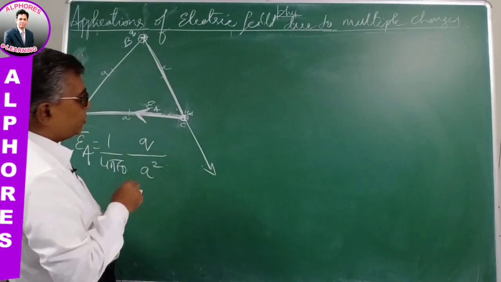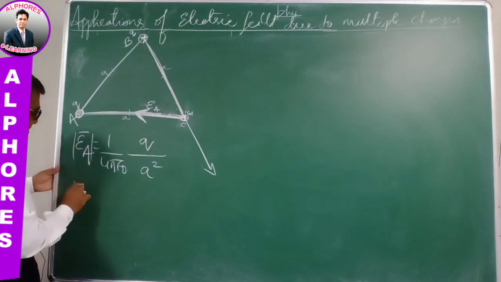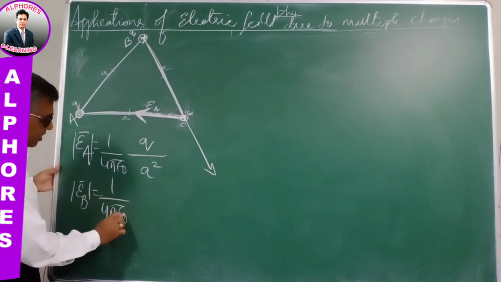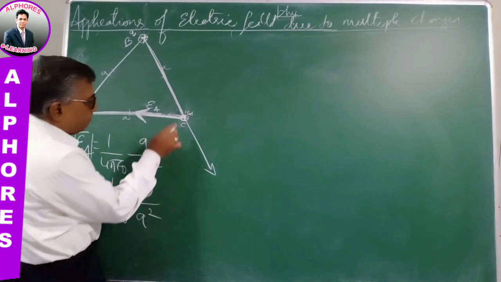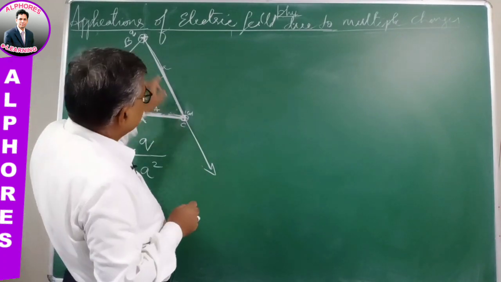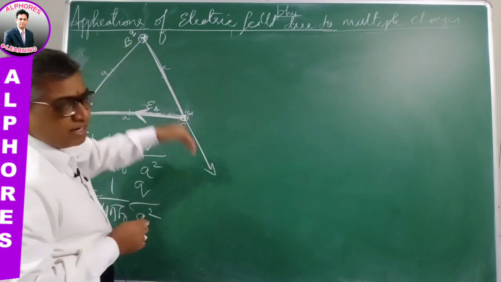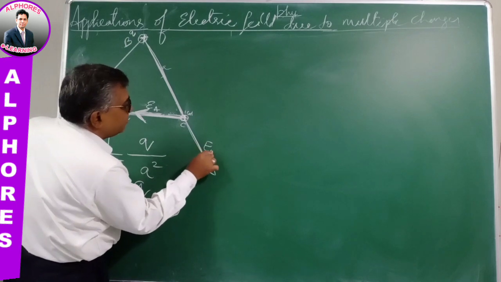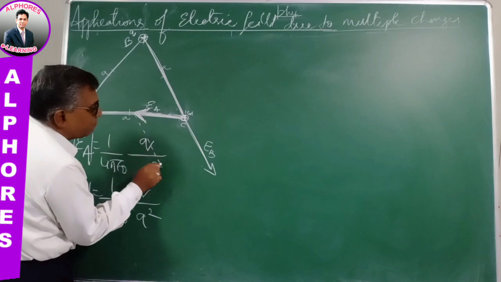So the field due to B, EB, the magnitude of EB is equal to the same 1 by 4 pi epsilon naught, same magnitude Q, same distance a squared. The magnitude is the same. But the direction here, since the charge at B is positive, this positive test charge is repelled by the positive charge. So the field will be in this direction. So this is EB, this is EA, right? Now completing the parallelogram.